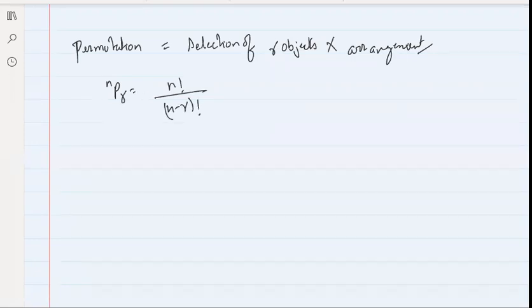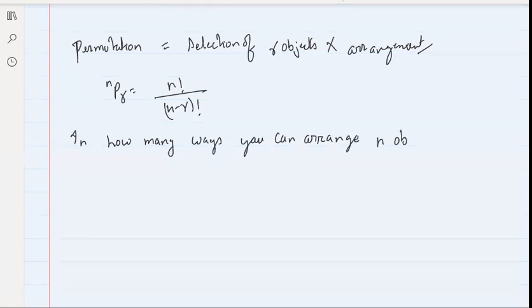Right, everyone? So if I ask you in how many ways you can arrange n objects, tell me. It is n factorial ways, yes or no?